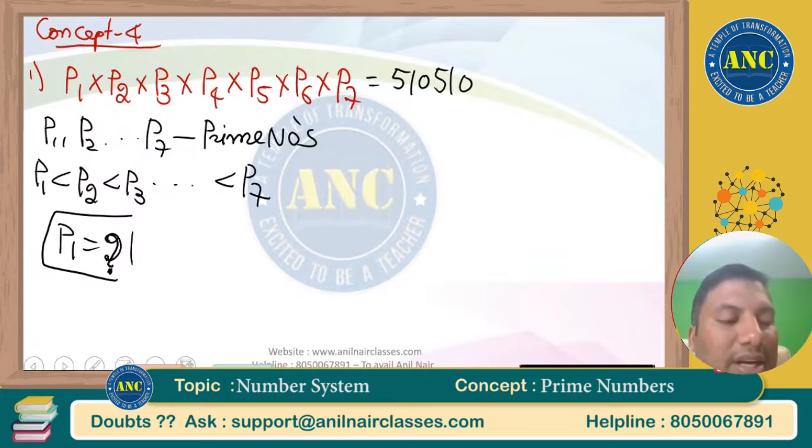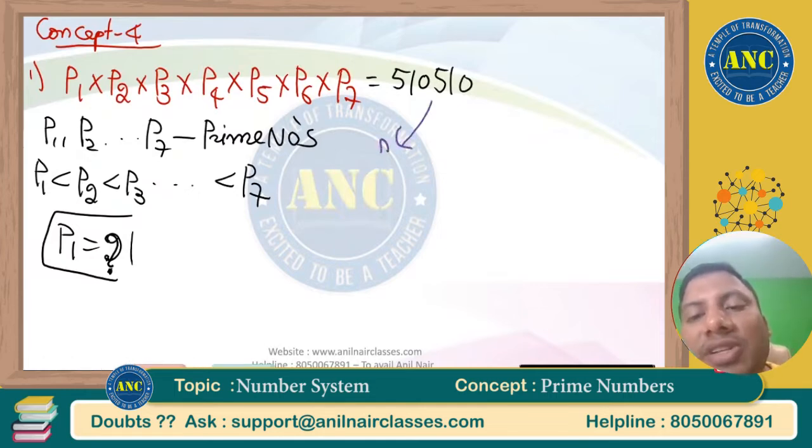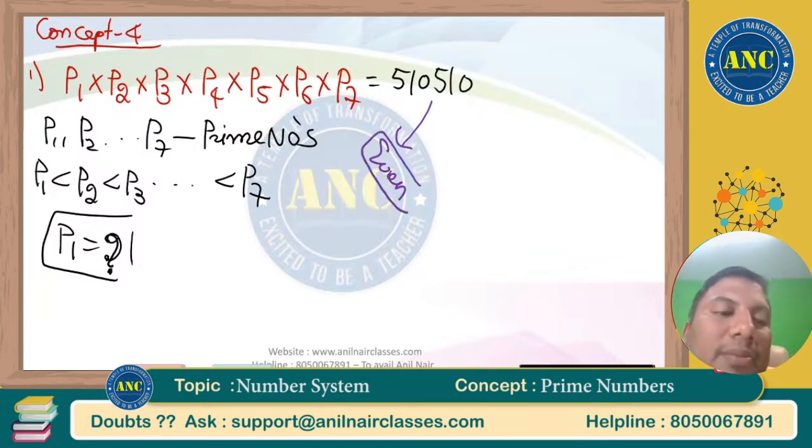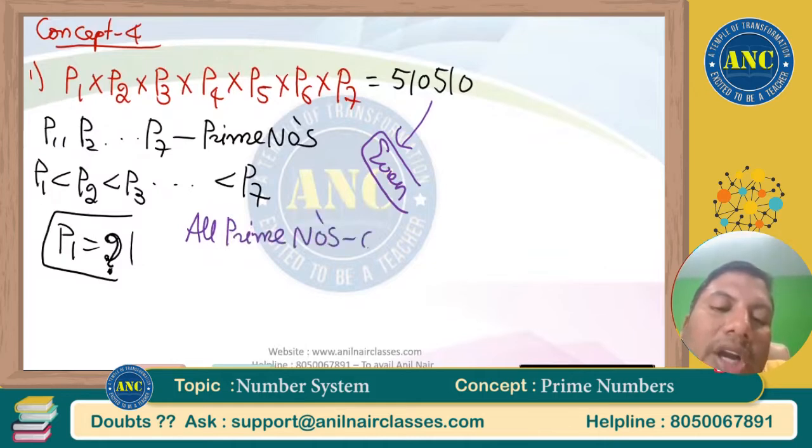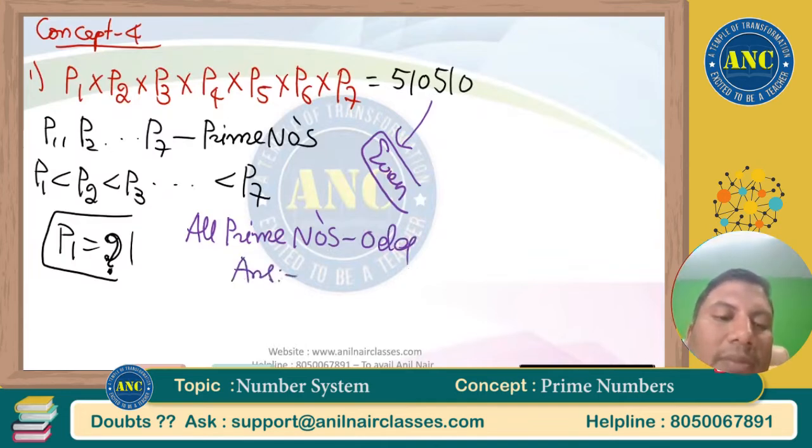Now see here, the product of P1 to P7 is 510510. It is an even number. If I take all the prime numbers as odd numbers, odd into odd into odd and so on up to odd, the answer will be odd.